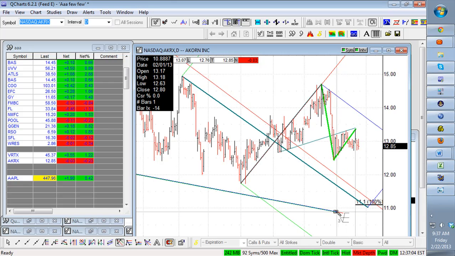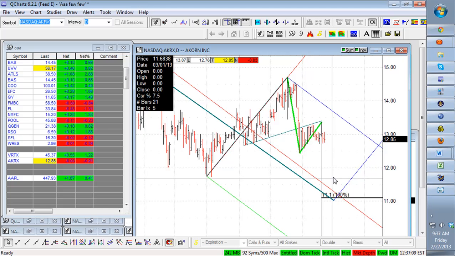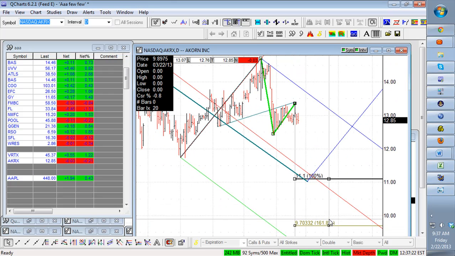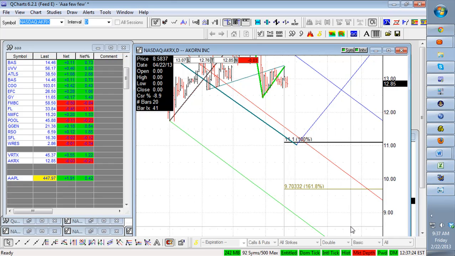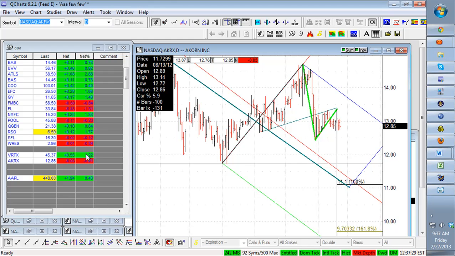If it can get to the 100% point quickly, which may be difficult, because its time is coming up fast. So if it can drop down the next few days to the 100% point, then the 200% target, which is down here somewhere around $9, is in sight. All right.